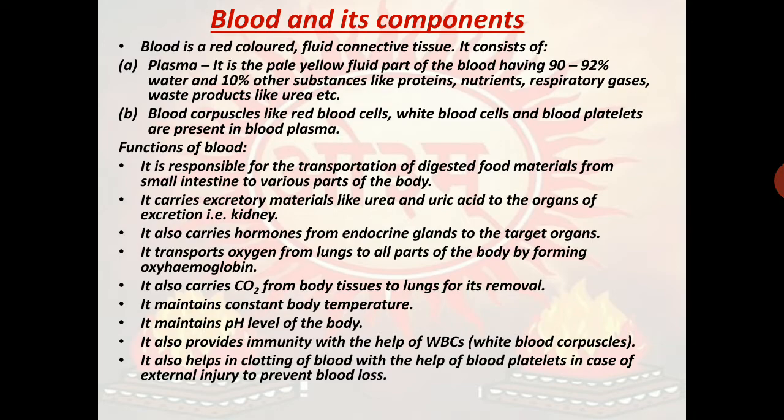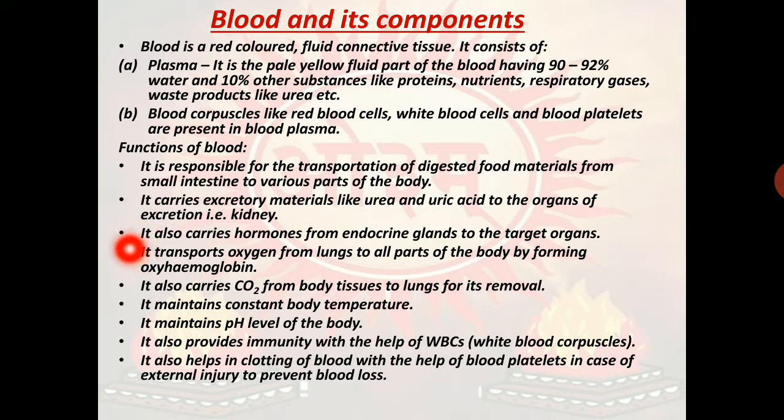Now let us see what are the various functions of blood. It is responsible for the transportation of digested food materials from the small intestine to various parts of the body. It carries excretory materials like urea, uric acid to the organ of excretion, that is the kidney.